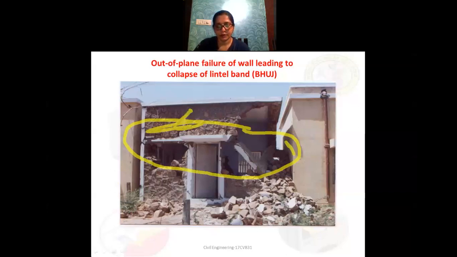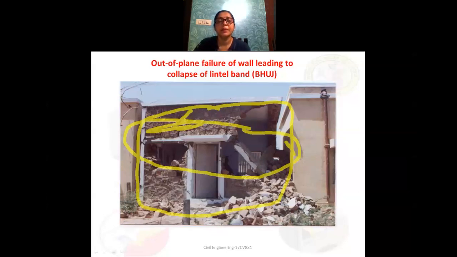When the earthquake happened, this cross wall was perpendicular to the ground motion. As it was perpendicular to the ground motion, it behaved like a plate.